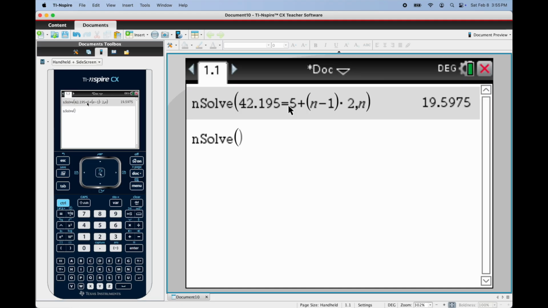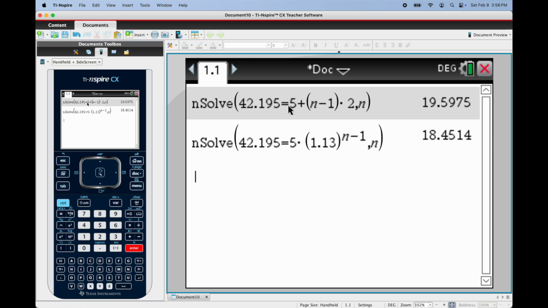Algebra, numerical solve. 42.195 equals 5 times 1.13, then we'll raise this to the power, let's put brackets just in case, just be mindful. And then we'll solve for n as well.